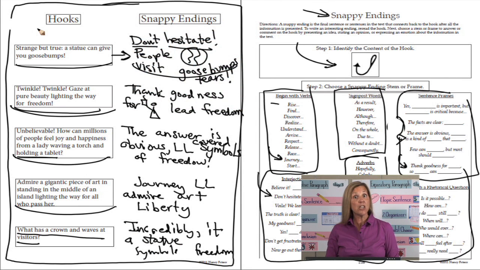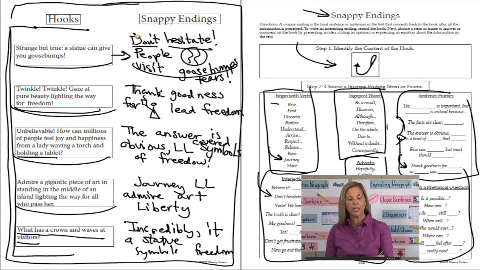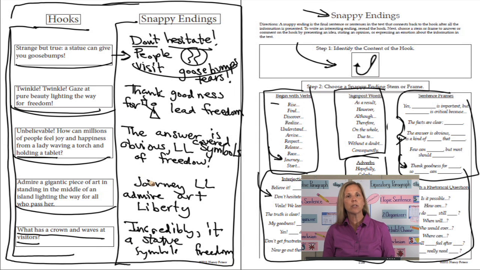When you're first teaching students how to write hooks and snappy endings, you can do exactly what we did here. We brainstormed what all the information was about. Then we used those ideas with stems to create hooks, and we connected those hooks back up with snappy endings and started the snappy endings with stems. It's a wonderful way for your students to start coming up with hooks.